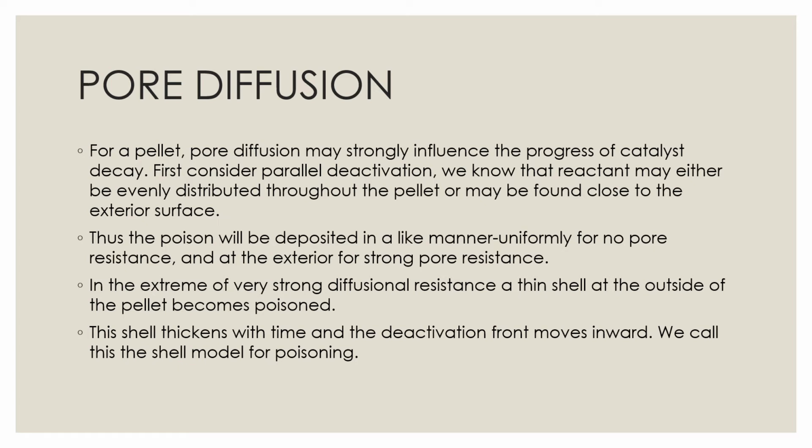Thus, the poison will be deposited in a like manner, uniformly for no pore resistance and at the exterior for strong pore resistance. In the extreme of very strong diffusional resistance, a thin shell at the outside of the pellet becomes poisoned. This shell thickens with time and the deactivation front moves inward. We call this the shell model of poisoning.